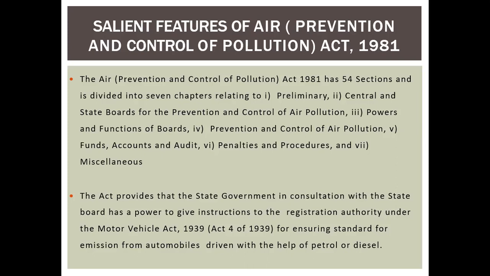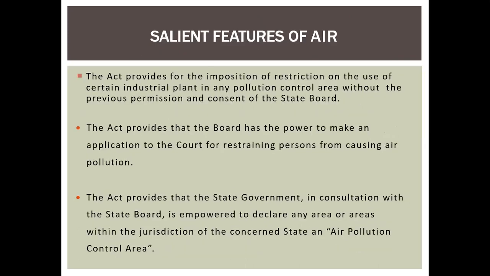The Act provides that the state government, in consultation with the state board, has the power to give instructions to the registration authority under the Motor Vehicles Act 1939, Act 4 of 1939, for ensuring the standards for emission for automobiles driven with the help of petrol or diesel.